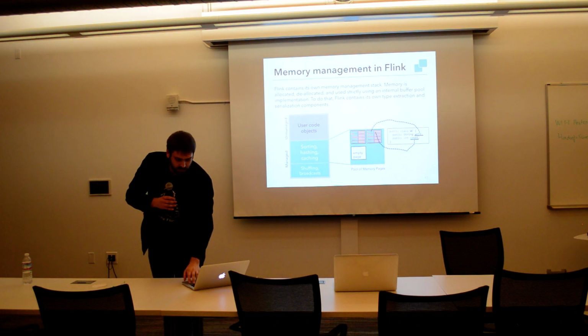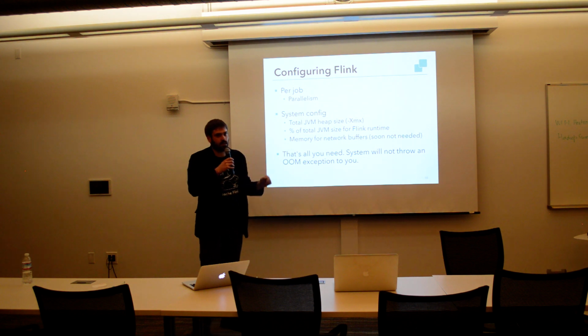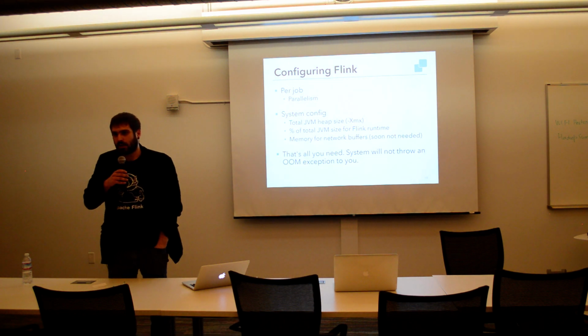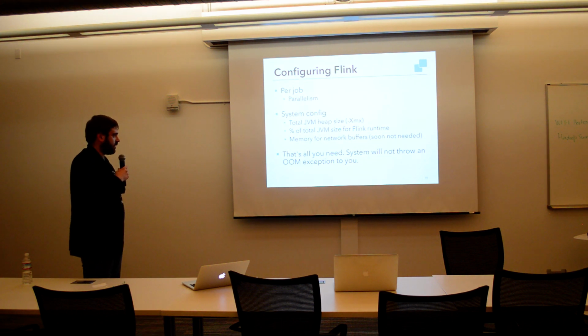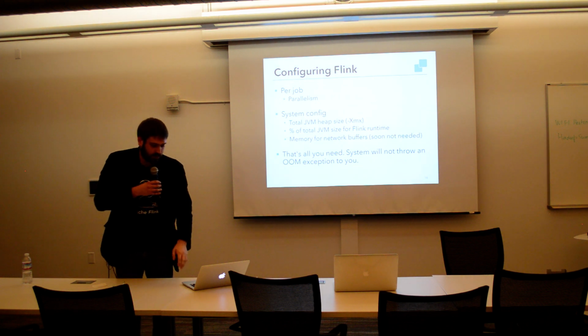There's a third parameter, which is the size of memory for network buffers, but we'll very soon be getting rid of that. So with only these configuration parameters, we have run Flink in extremely data-intensive jobs, and the system will not throw an out of memory on you.